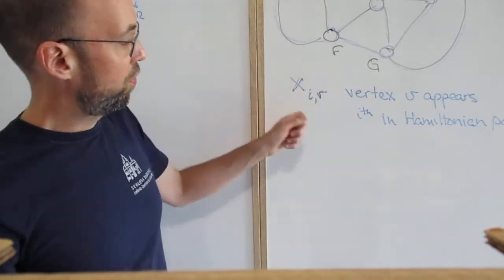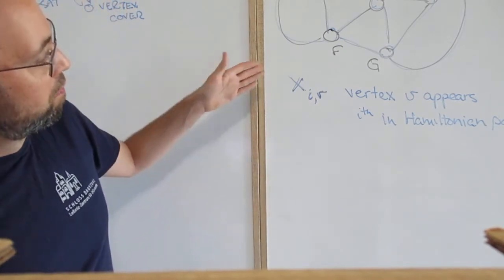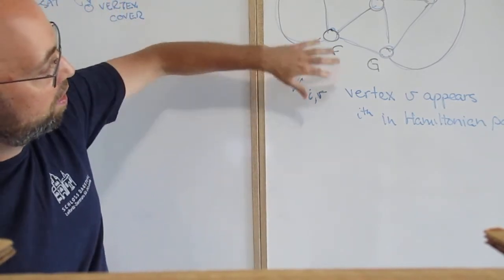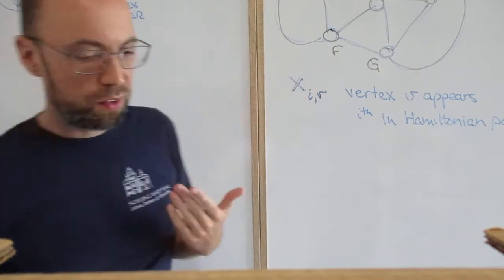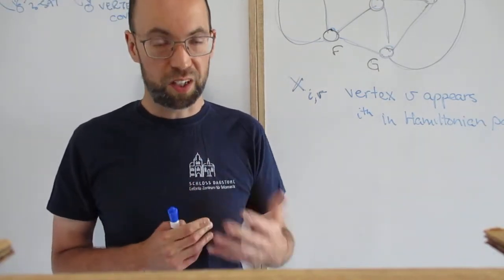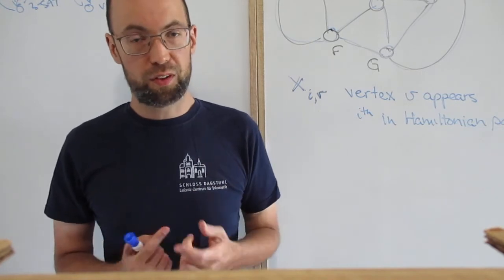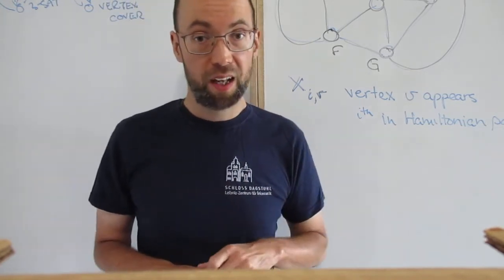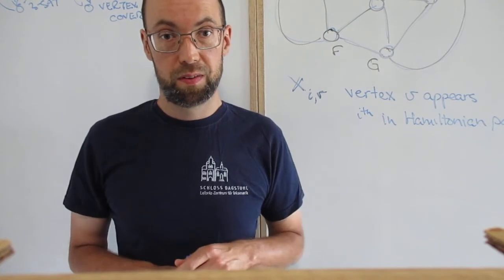So we're going to have all these. So obviously every vertex has to appear somewhere. Every vertex appears only once, and you can't have two different vertices appearing in the same position. Okay?